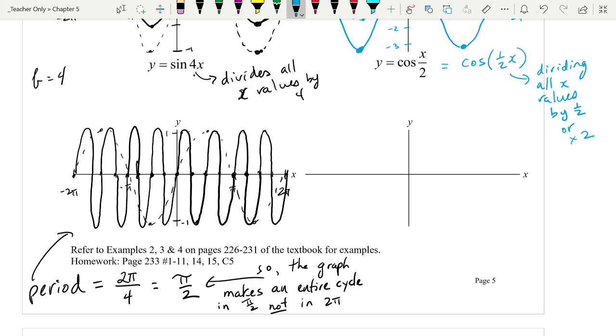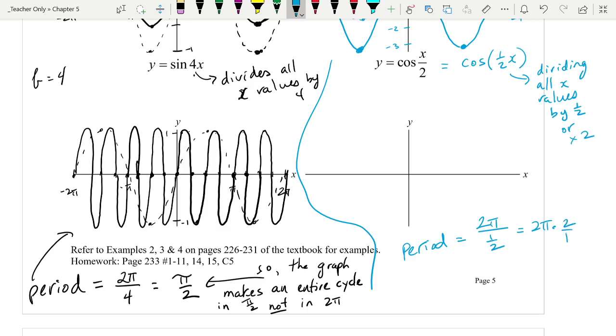And now for this blue one, period is equal to 2 pi divided by the absolute value of 1/2. It's a positive number anyway, which is equal to 2 pi divided by 1/2, which is like saying 2 pi times 2 over 1.